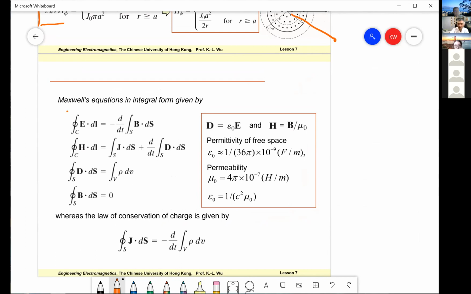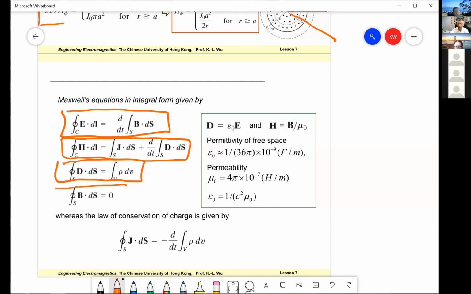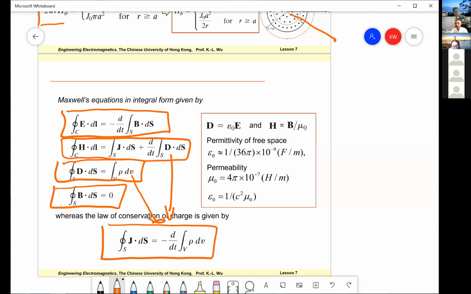We have Faraday's law, Ampere's law, the electric field Gauss's law, and the magnetic field Gauss's law. And from Ampere's law and Gauss's law combined, we arrived at the law of conservation of charge.